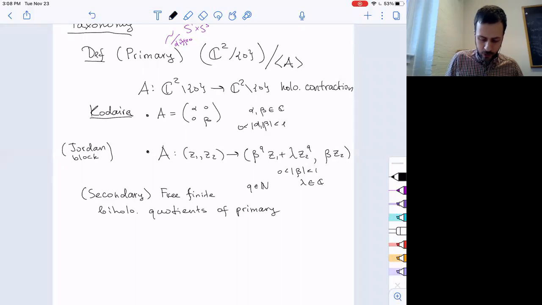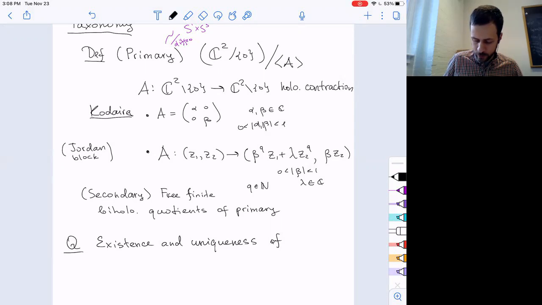The question I would like to answer is existence and uniqueness of generalized Kähler structures and solitons on Hopf surfaces.